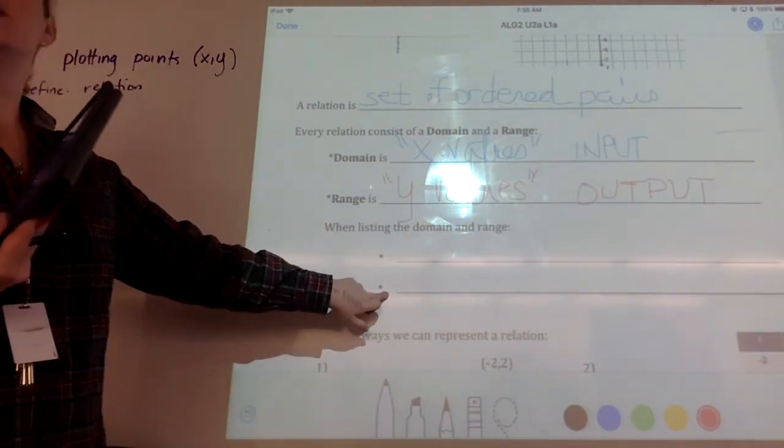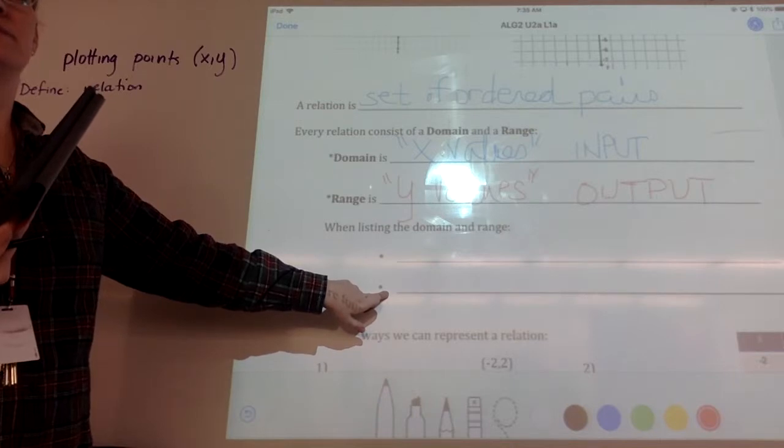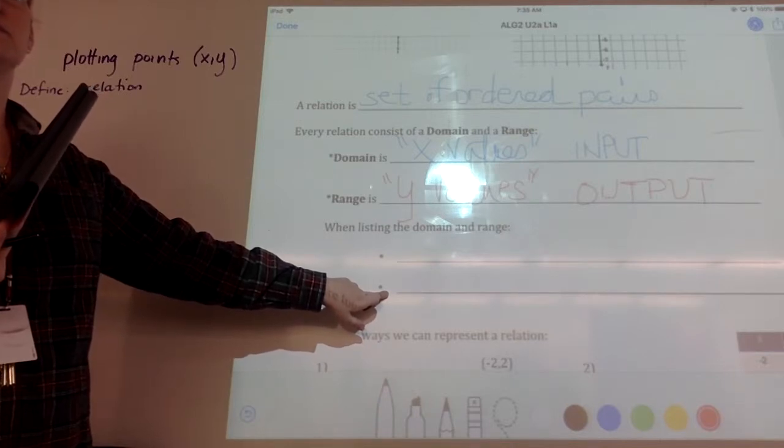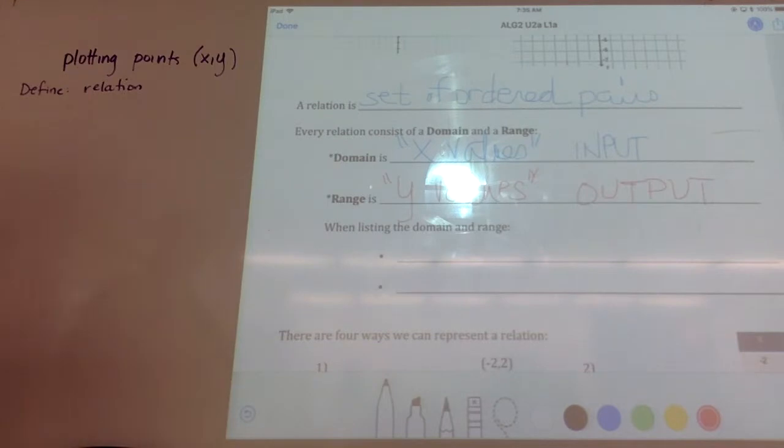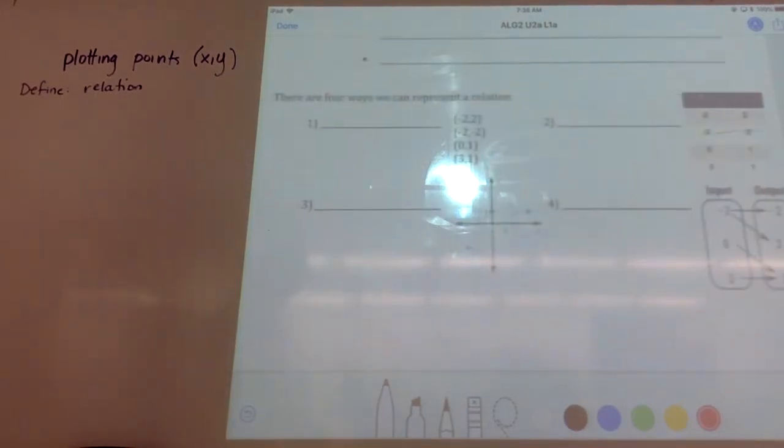And the second is do not repeat numbers. And then you can put a little star by that one. All right, now I need to see all of these.